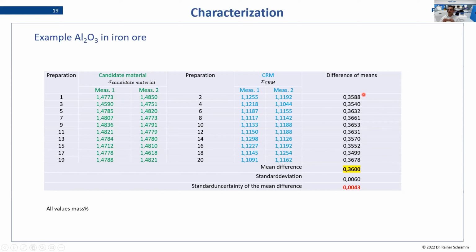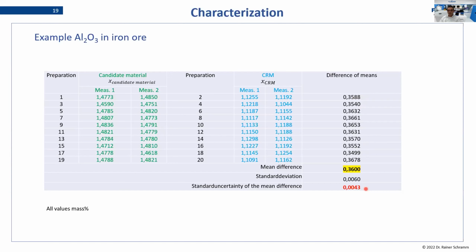This difference tells us the deviation between the iron ore we get as a certified reference material from an external source and the iron ore we would like to certify. Now you continue doing this, and you get in the end a mean difference between the 2 materials. Of course, you can then calculate a standard deviation for this, and this will result in a standard uncertainty of this mean difference.